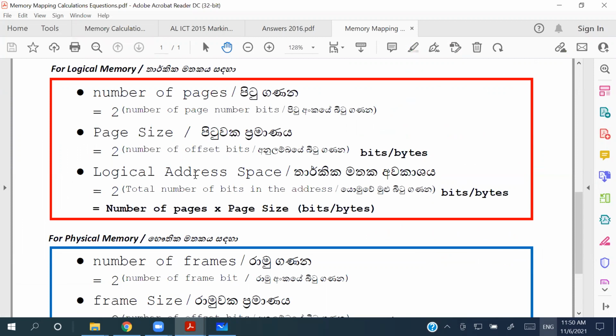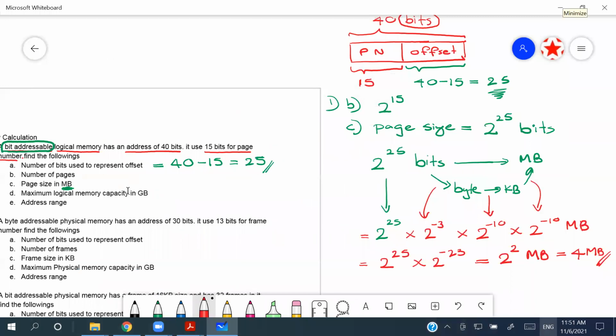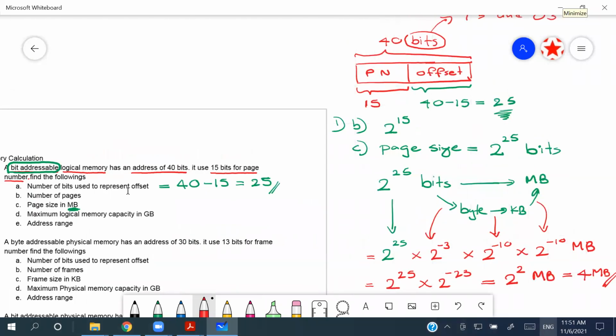Logical address space is given several different names: maximum memory capacity, maximum logical memory capacity, total logical memory capacity, total memory capacity. Anyway, it indicates the total capacity. So how are we going to find the total capacity? By taking the total number of bits in the address. The total number of bits is given, say 40 bits. And the answer is asking in gigabytes, right?